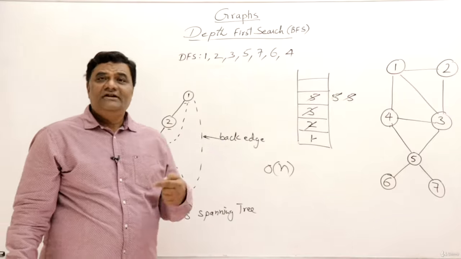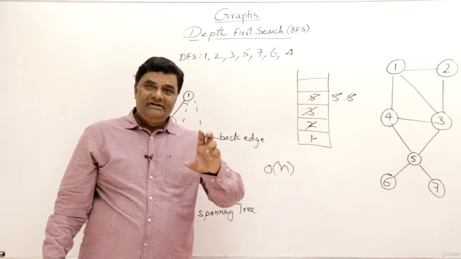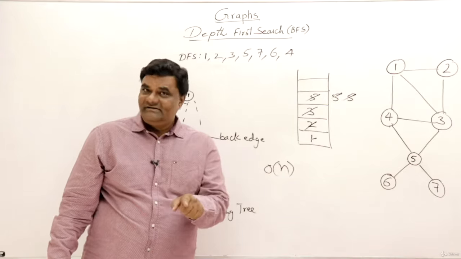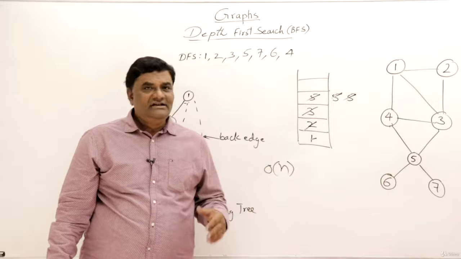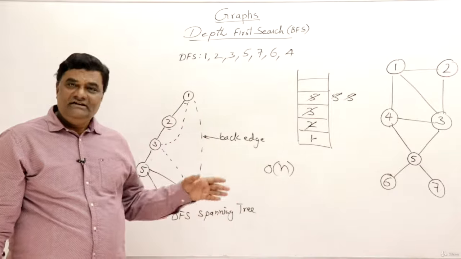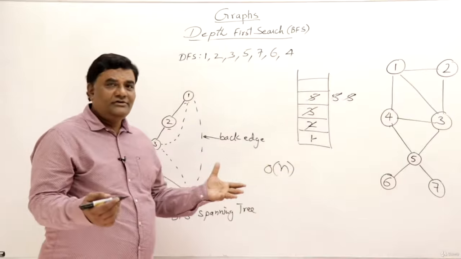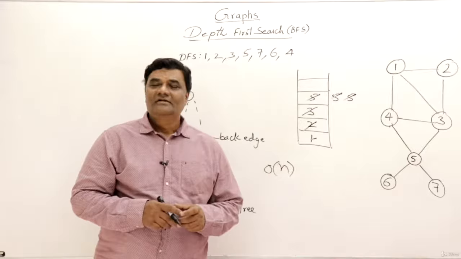When we write the program it may take more time because it depends on the data structure we are using. If you are using an adjacency matrix, then it may be n square. If you are using an adjacency list, then it may be n. Analytically we say the time taken is order of n because we are just visiting all the vertices once.